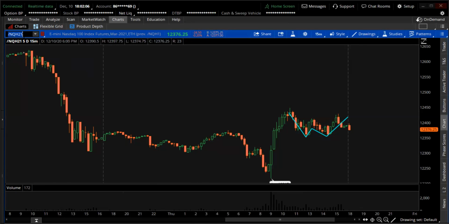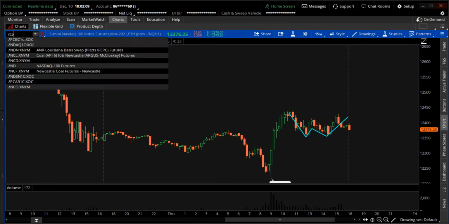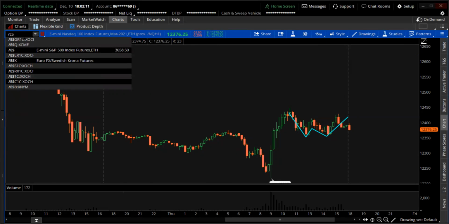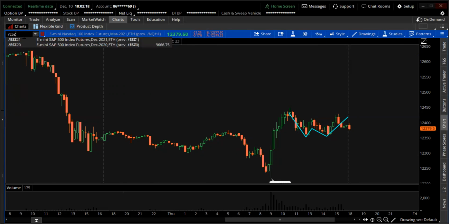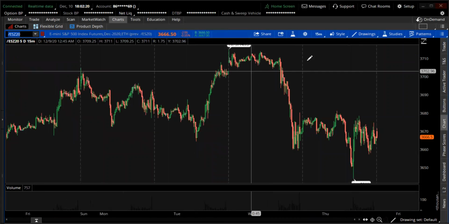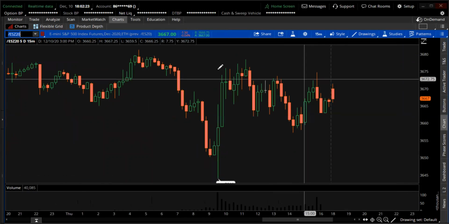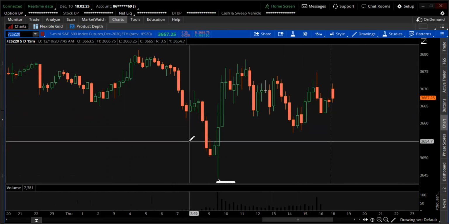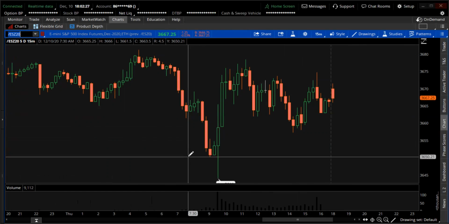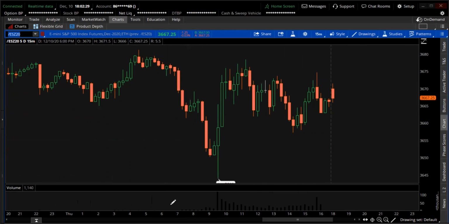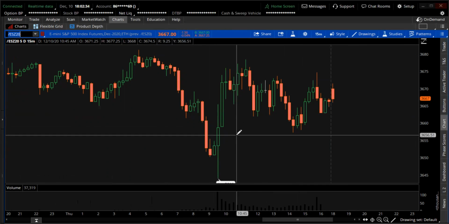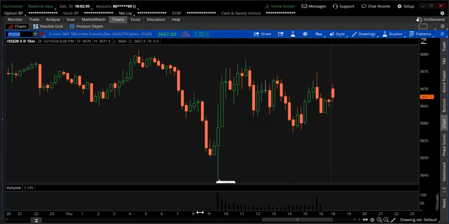Now, as far as any other indices that you want to look at, let's look at ES and NQ to show you what I'm showing. We are falling in NQ. So here, 3650, I think yesterday's low, I don't know how low we went, like 3640s or something like that.